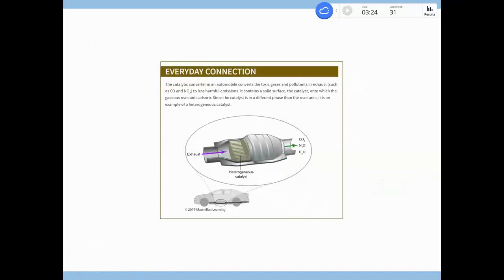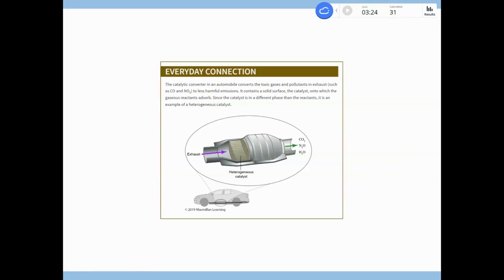You all heard of a catalytic converter in a car? Maybe some of you have. Okay, well, a catalytic converter exists in a car. Your car will have one. The catalytic converter is a part of the car that takes the exhaust of your engine, which produces harmful toxic gases, and converts it with a catalyst to less harmful gases.